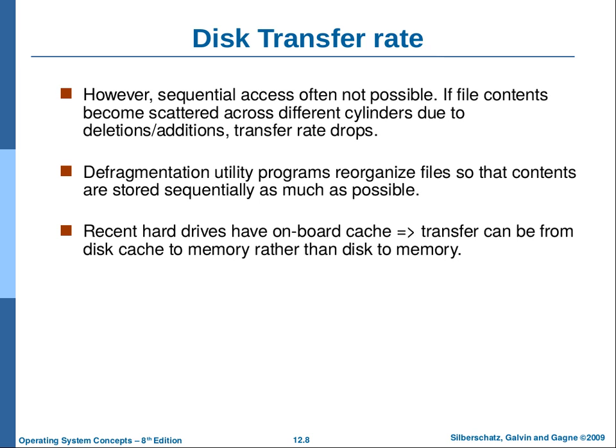You may have to transfer the whole file again, and you have a lot of fragmentation. You're not utilizing it. So most of the time, you have some type of linked implementation or inode implementation, which means that while you may read one block, you then got to jump to all these other blocks to find the rest of the file. So usually the file contents become scattered, hence why they use something called a defragmentation utility to try to organize it so they're all next to each other, and then you can read it a lot faster.